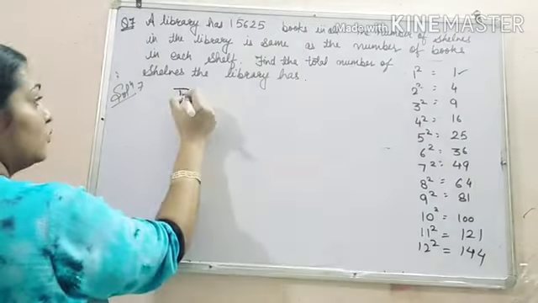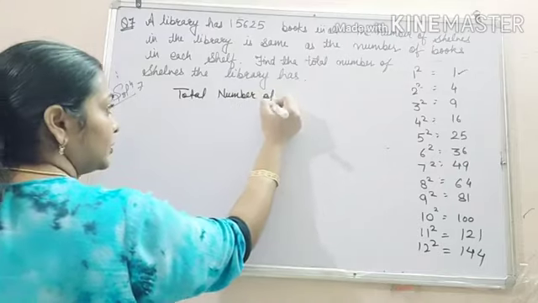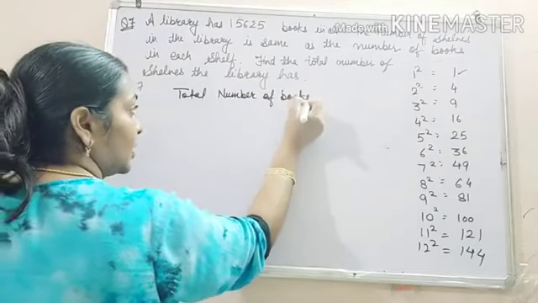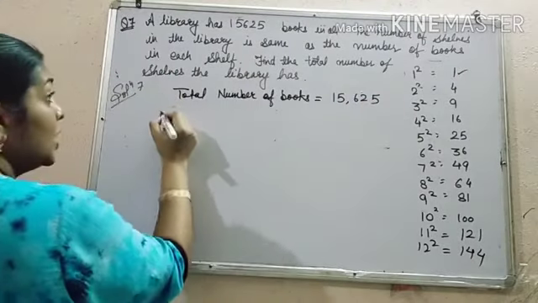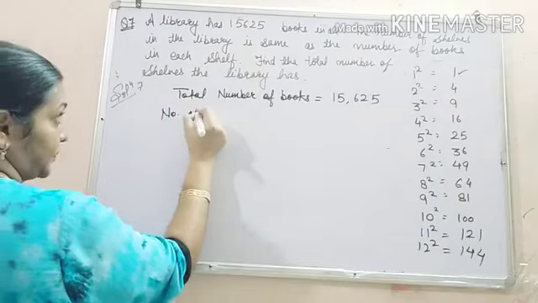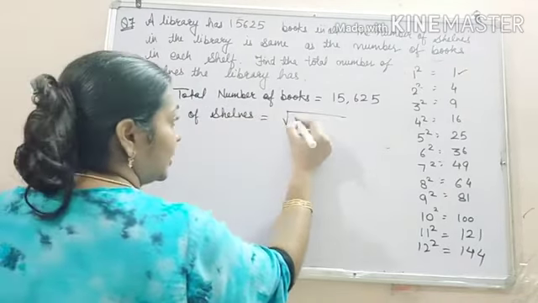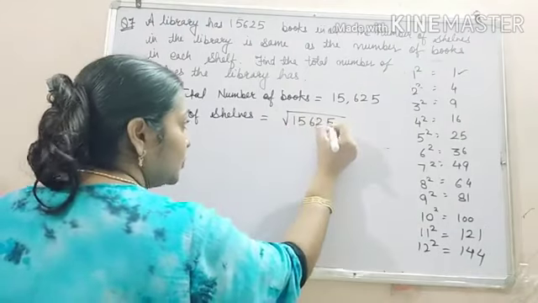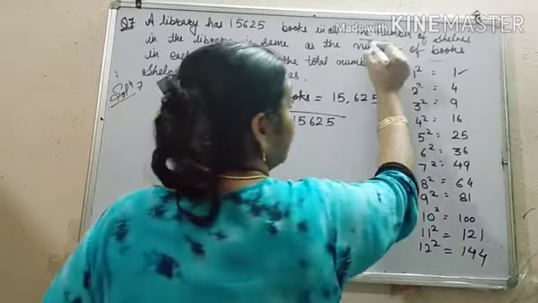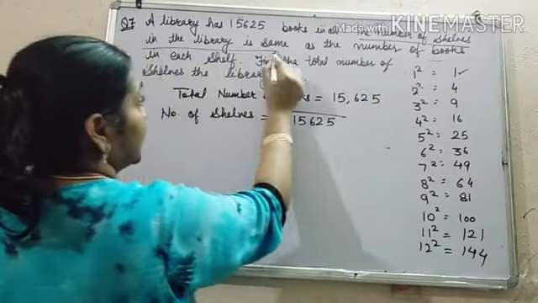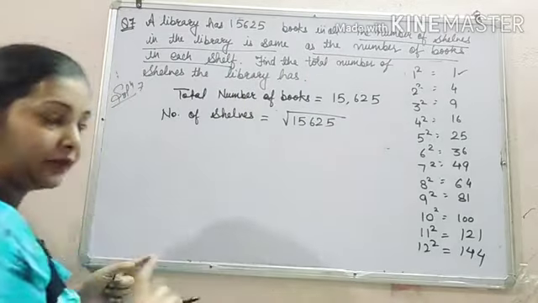So total number of books is 15,625. Number of cells will be equal to under the root 15625. Why? Because in the problem it is given that the number of cells in the library is same as the number of books in each shelf.